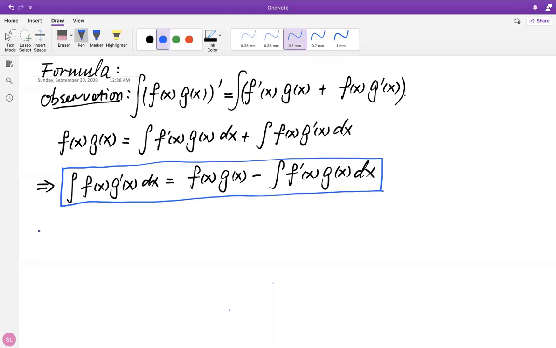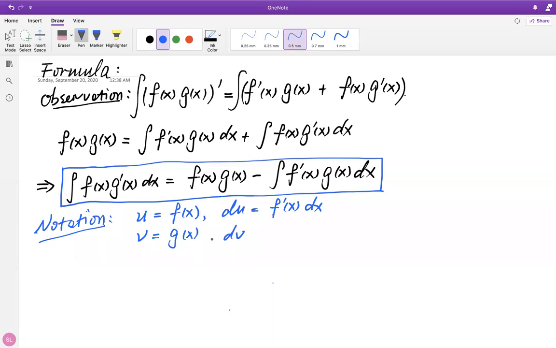In your textbook, it also introduces another notation, which is very concise. If we write u for the function f, and this u is different from the u we used for u sub, and we write v for the function g of x, then du is equal to f prime dx, and dv is equal to g prime dx.